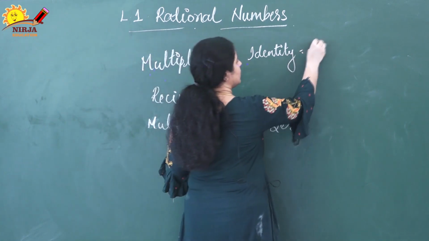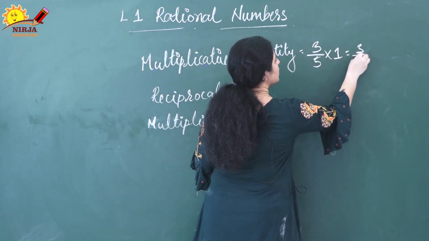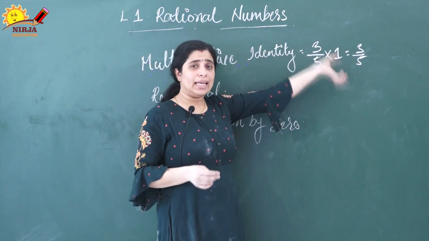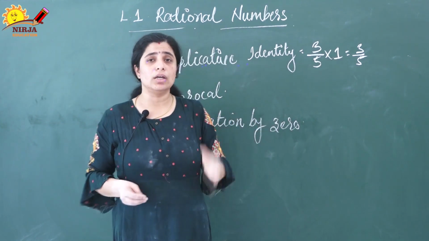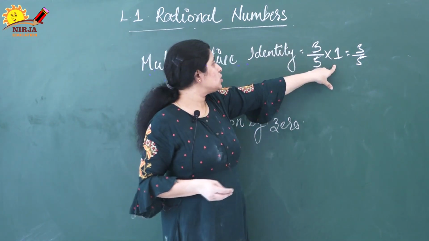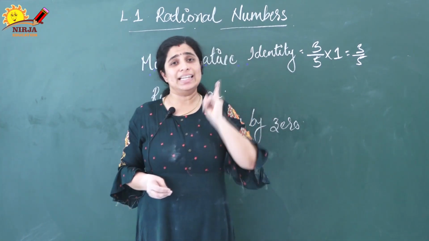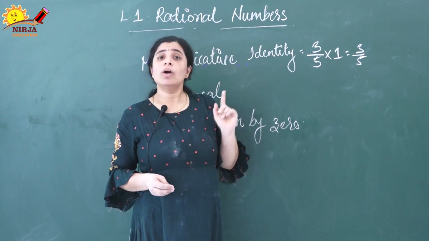Any number you can take. 3 by 5 multiplied by 1. What will you get? 3 by 5 only. That means when you multiply any number by 1, you get the same number only. So that is why 1 is known as the multiplicative identity. 0 is the additive identity and 1 is the multiplicative identity.